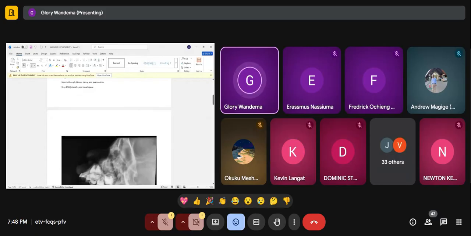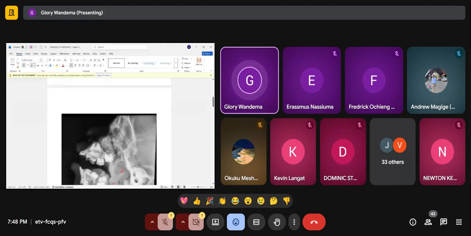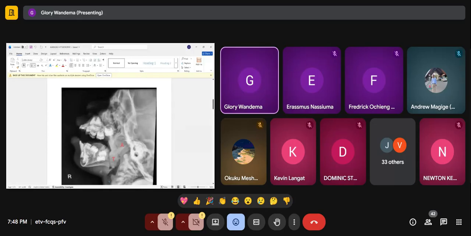and diagnosis is by lateral X-ray of the postnasal space. So this is the mouth into the throat, and now this is the nose. You can see the airway.